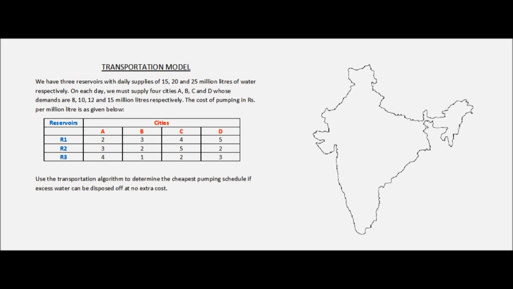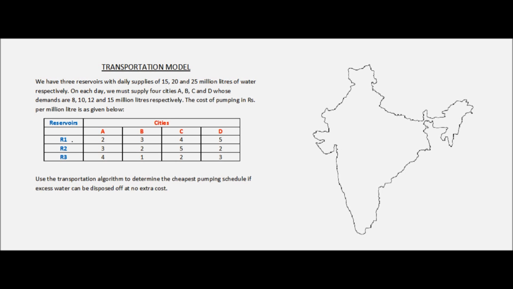On each day, we must supply four cities A, B, C, and D whose demands are 8, 10, 12, and 15 million liters respectively. The cost of pumping in rupees per million liter has been given to us.